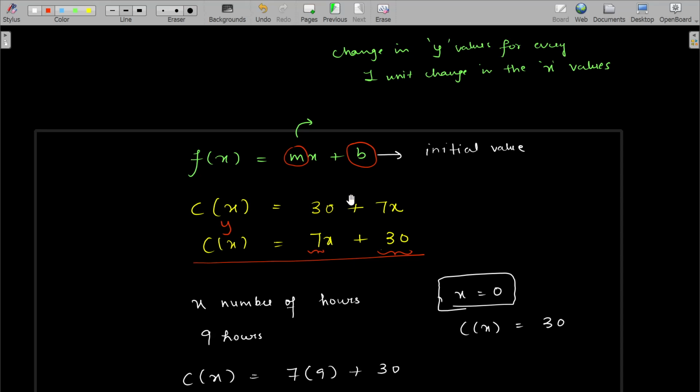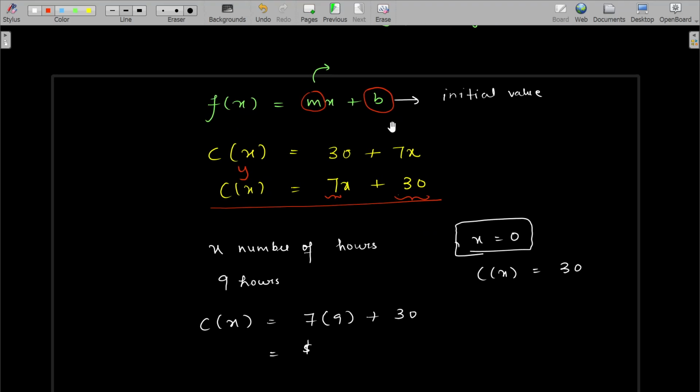For 2 hours the additional amount will be $14, right? That is represented by the slope 7. I'll give you some problems today based on this concept, and then we'll review them later, but this is really important, Anishka. Okay, so this is done.